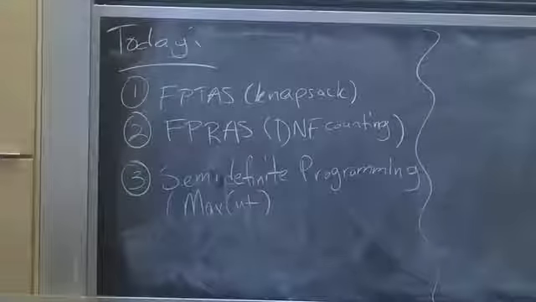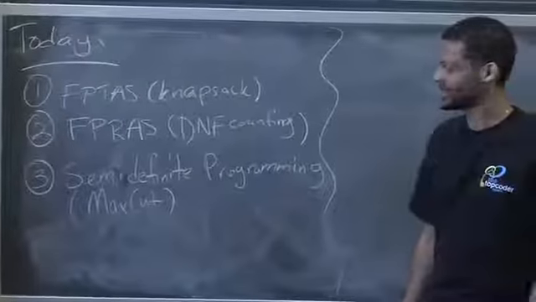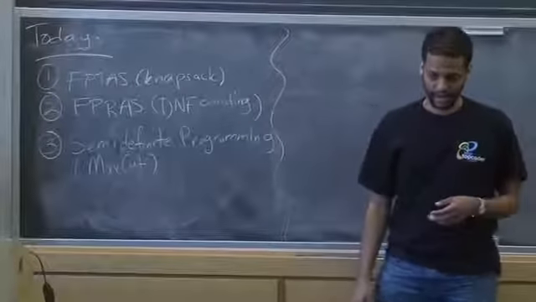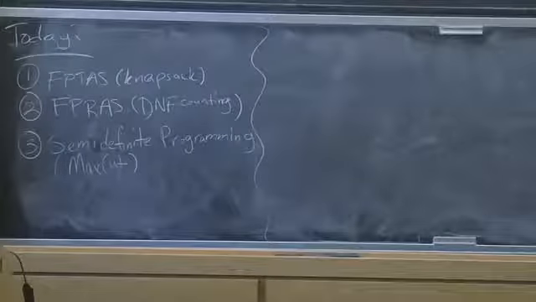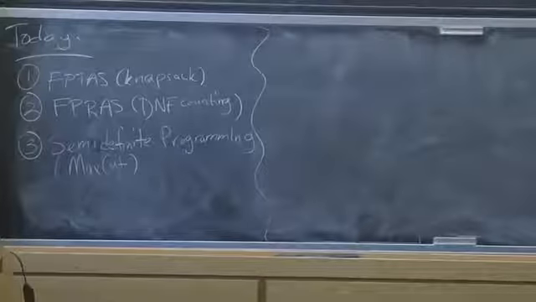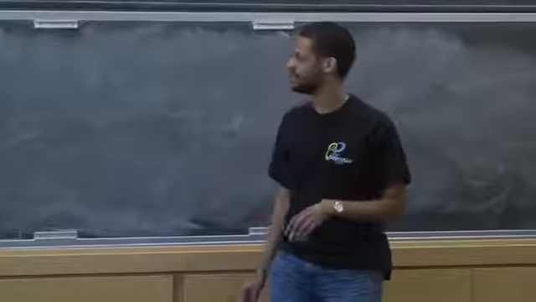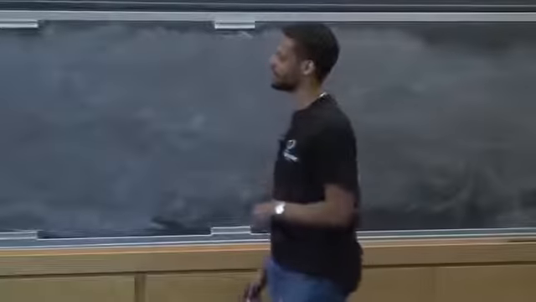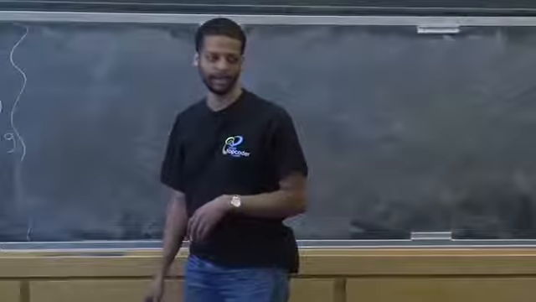So let's get started. Last time we saw that knapsack has a PTAS. A PTAS just means that for any fixed epsilon, you can get a 1 plus epsilon approximation, or for knapsack a 1 minus epsilon approximation, and your running time is polynomial in n if epsilon is a constant. But with an FPTAS, we want your dependence on epsilon to also be polynomial.